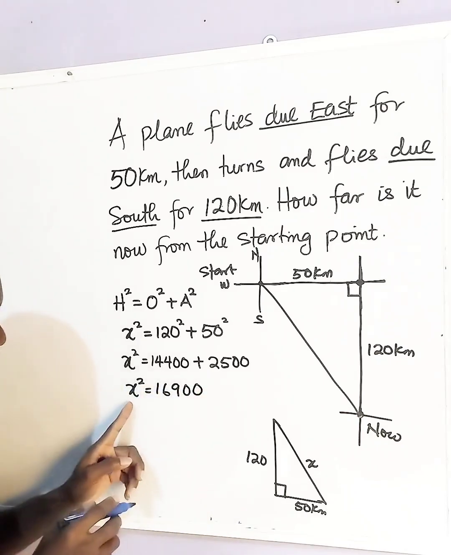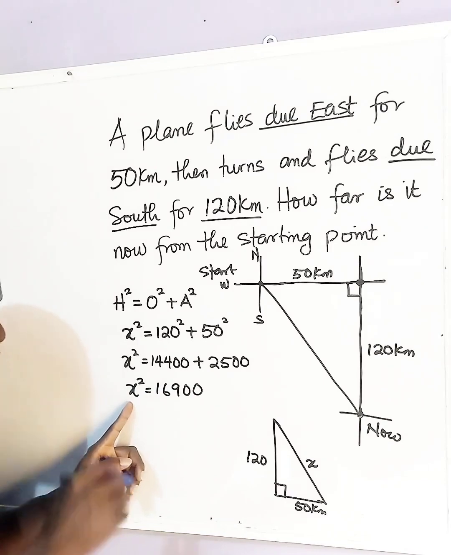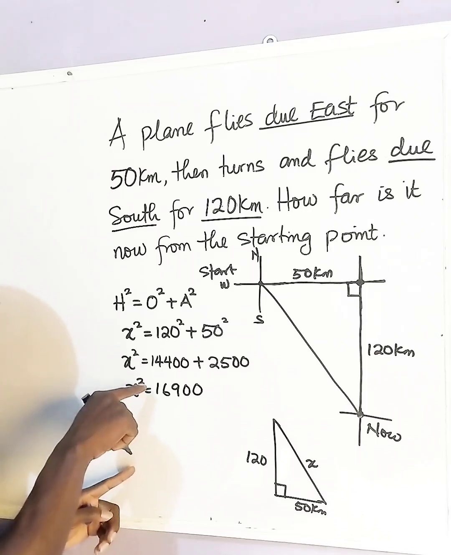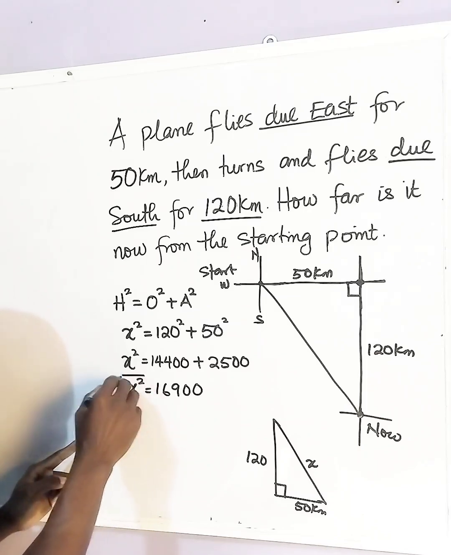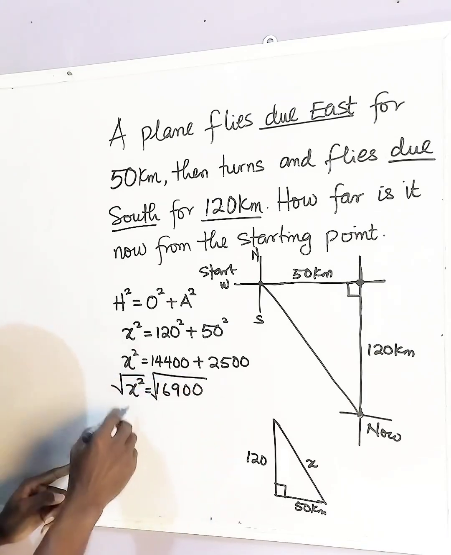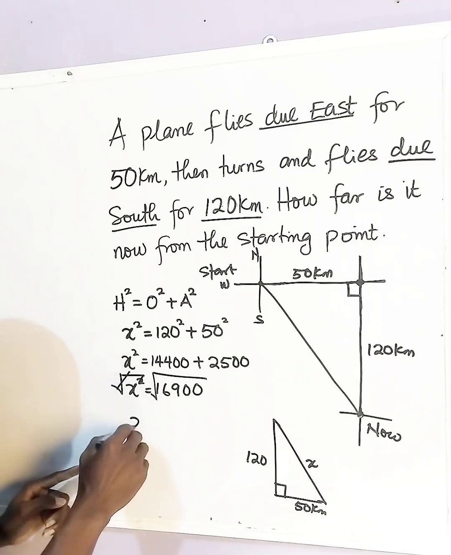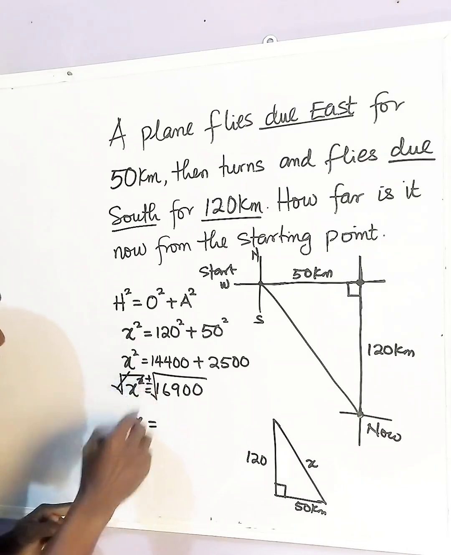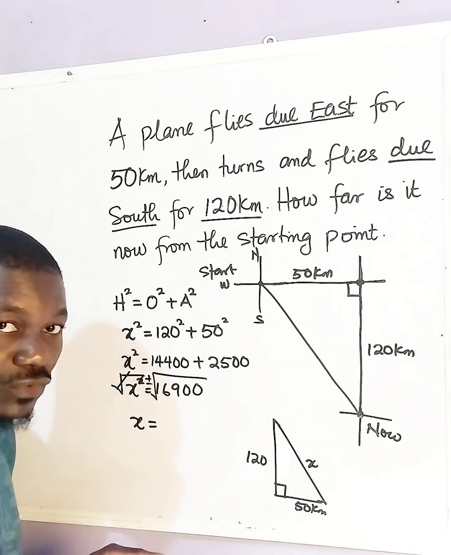Now when you add them together, this should give us 16900. Now let us find the square root, because we need to find x and not x squared. So square root both sides. Ideally we should have plus or minus here, but no distance will give you minus.